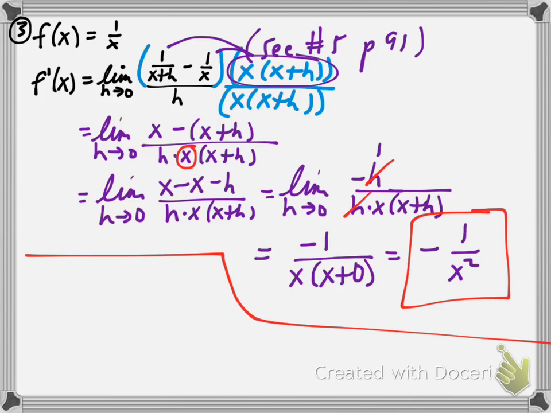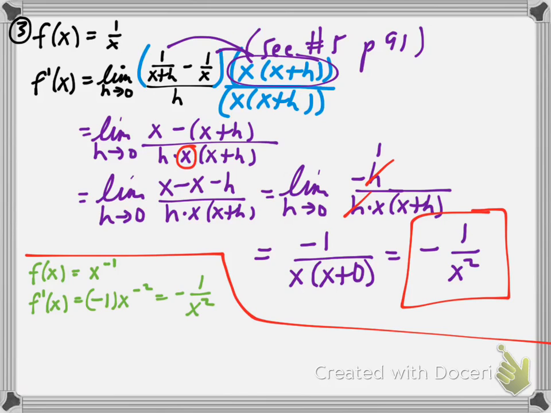And you can easily verify, guys, when you get this problem on the test, just take some time and use your rules to see if you got the right answer. It's amazing how many students will leave that answer wrong when they could just verify. If f of x equals x to the negative 1, then f prime of x equals negative 1 times x to the negative 2, which is negative 1 over x squared.